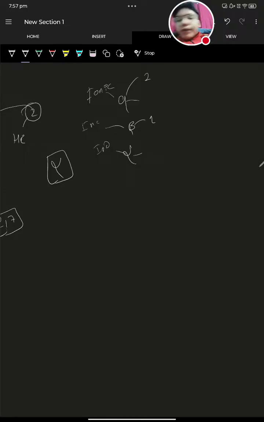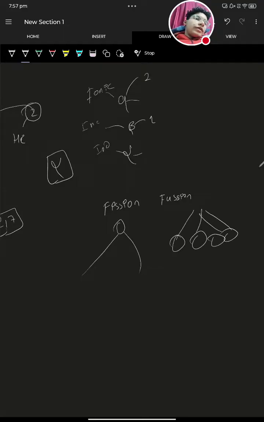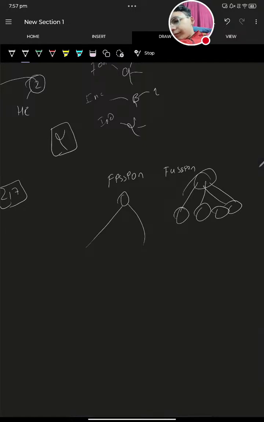Nuclear fission is very easy. Fission and fusion are two different things. Fission is like there is an atom, you are breaking it. Fusion is like you are putting four atoms in one place and releasing a high level of energy. And for fission, it is atomic power: uranium 235, 92.